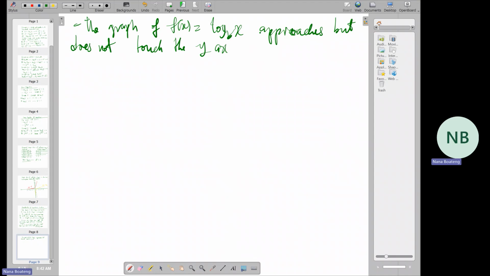The y-axis, x is equal to 0, is the vertical asymptote.